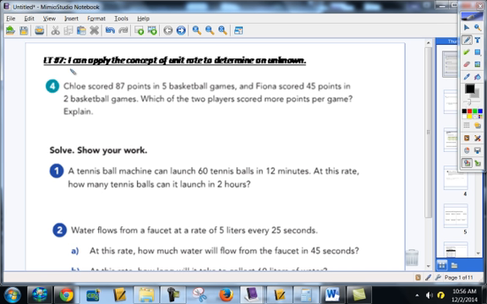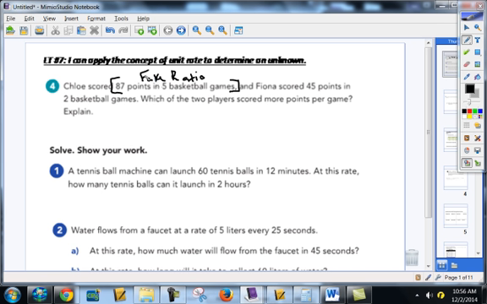Okay, so there's your target once again. Chloe scored 87 points in 5 basketball games. Put brackets around it because, as you guys have been doing the whole time, we would call that our fake ratio. That's just the fake information.